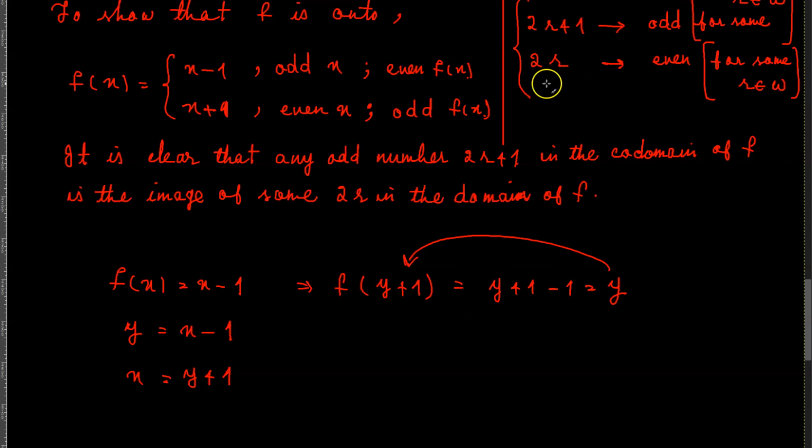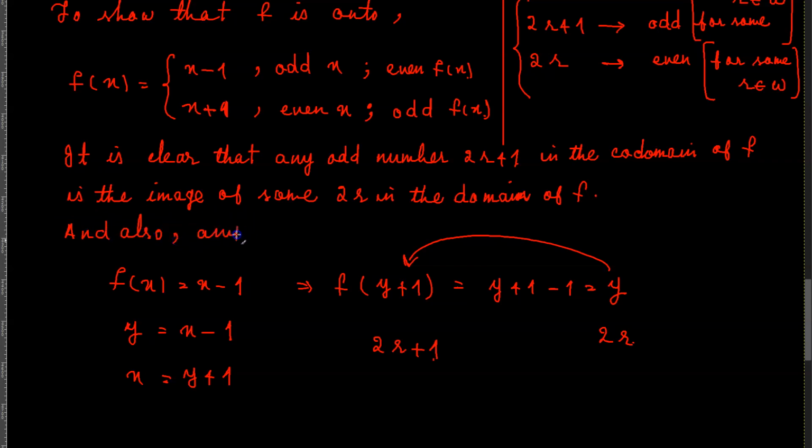Now here we are denoting all the even numbers by 2r. So we said that for any y, the pre-image is y plus 1. So for any 2r, the pre-image would be 2r plus 1.